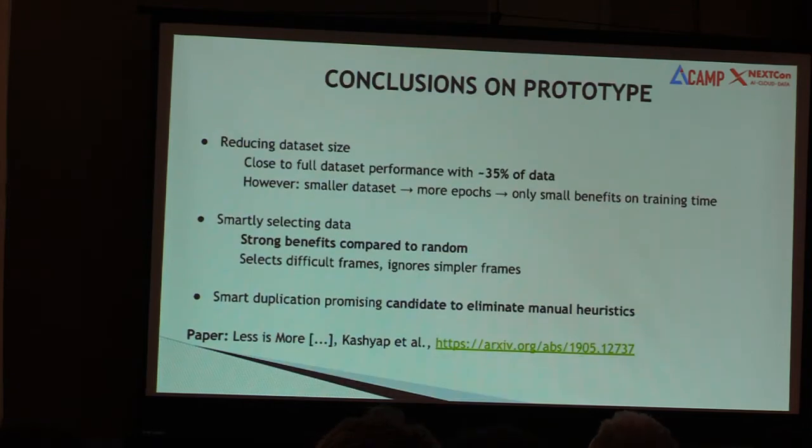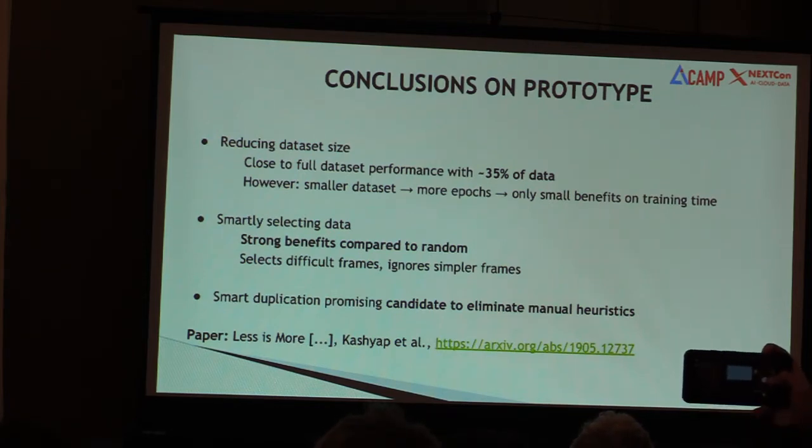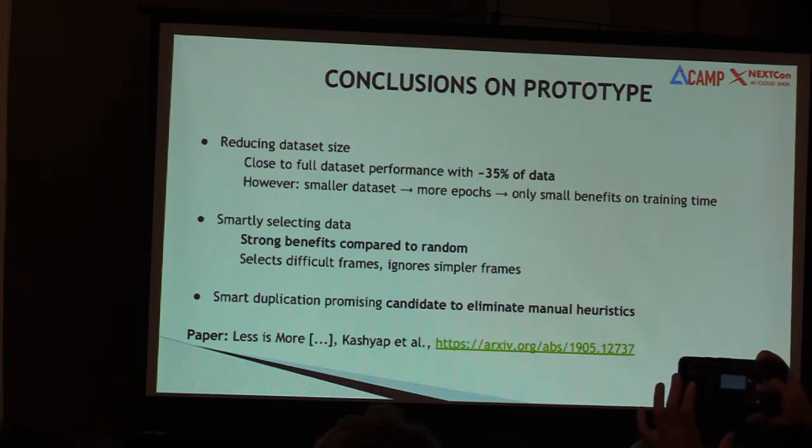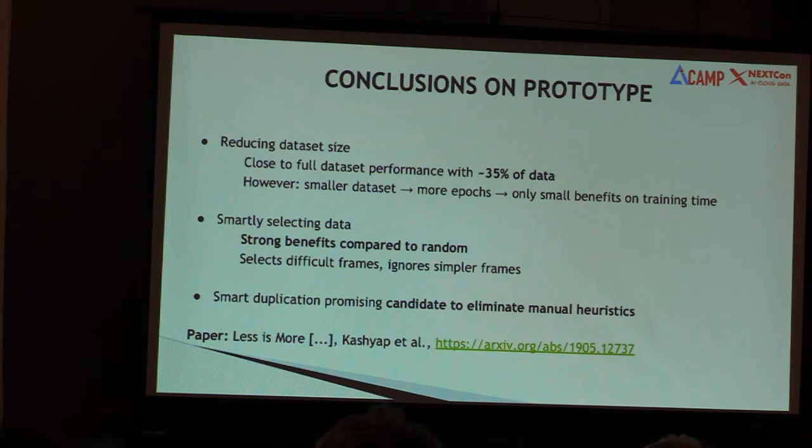All right, so basically the conclusions on the prototype are that we are able to perform as well with about 35% of the data. However, smaller datasets are not always better because we need to train longer, so not a huge benefit there. However, we see strong benefits in terms of performance compared to random selection. And finally, what I just talked about, the ability to duplicate in a smart way, is a candidate to eliminate manual heuristics, right?